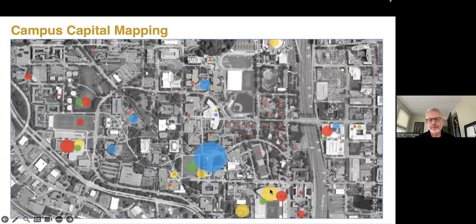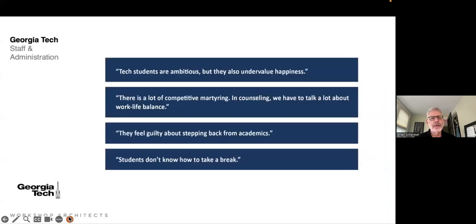The football stadium's over here, so that was symbolic, and social for some people, but not for everybody. And this is the Tech Tower, their older building in an older part of campus. Also very symbolic. And there is the little pink square, which shows where the campus center was. So it felt like the campus center itself wasn't generating a lot of what we were calling campus capital. So not social, intellectual, restorative, or symbolic.